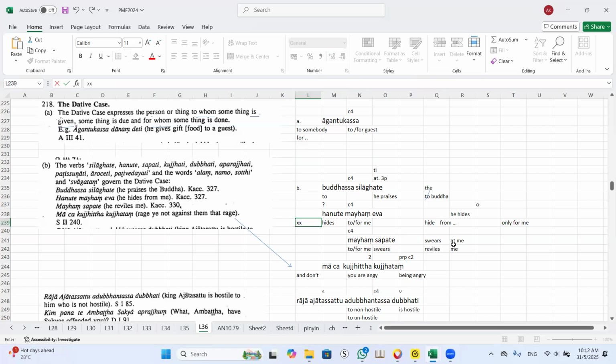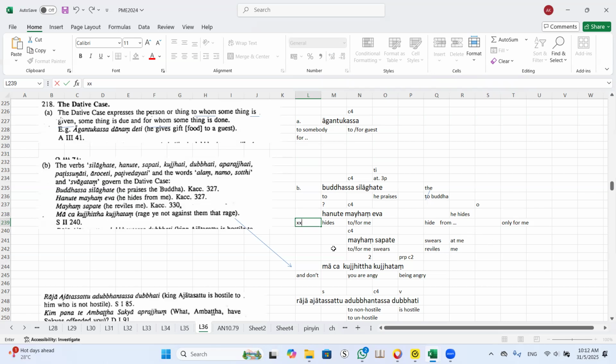Somebody swears at, which is locative in English. You don't say swear to me, but rather swear at me or revile me. This is all English prepositions.